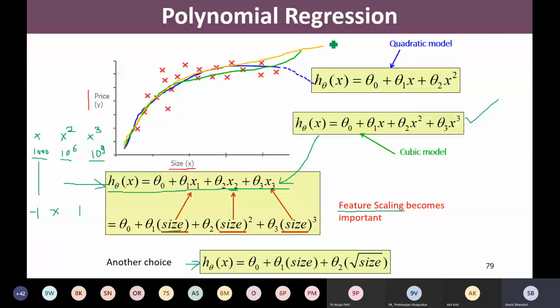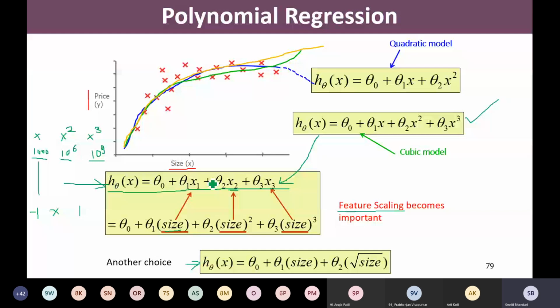Once again, depending on the problem, the insights we have about the problem, and the training data set that has been provided, we may come up with such a hypothesis. Now, one important question that may arise in your mind is how to select the features. If I am provided with some features, how to select them?